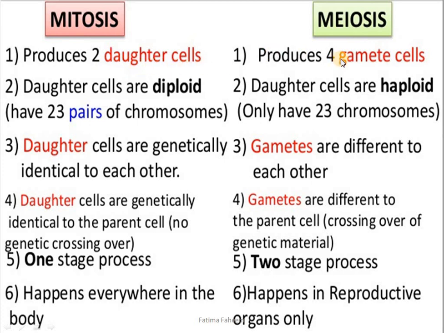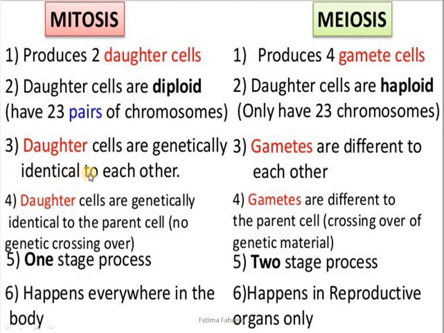In the case of meiosis, there are 4. In mitosis, daughter cells are diploid, that is, the number of chromosomes is maintained. For instance, in humans, there would be 23 pairs of chromosomes in parent cells as well as in the daughter cells. While in meiosis, the daughter cells will be haploid, that is, they would contain half the number of chromosomes compared to the parent cell.